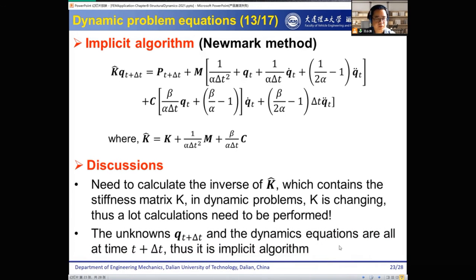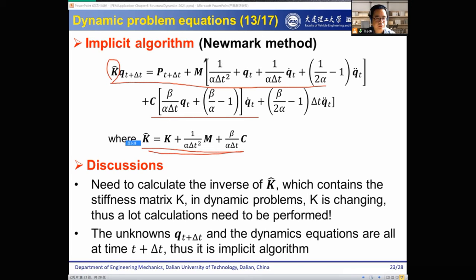Then we do the calculation again, and in the end we have this equation, where the matrix K equals this.